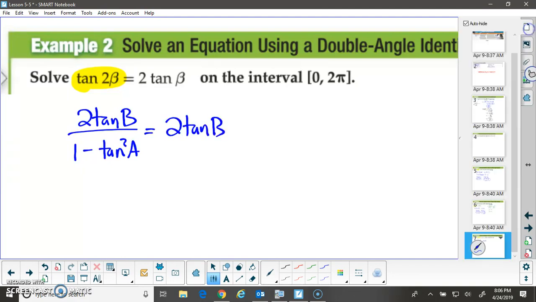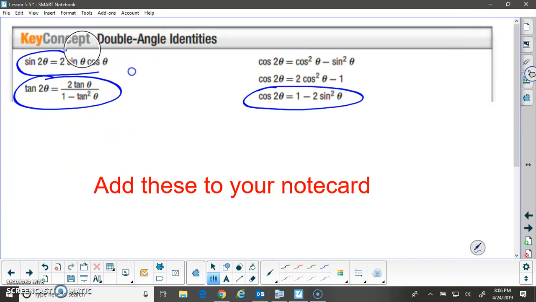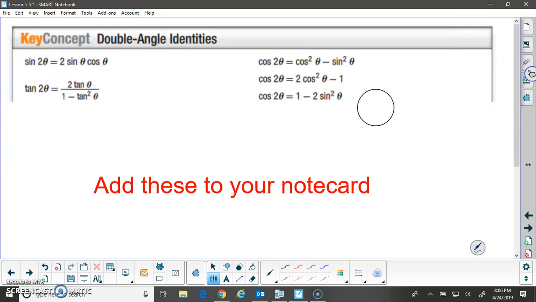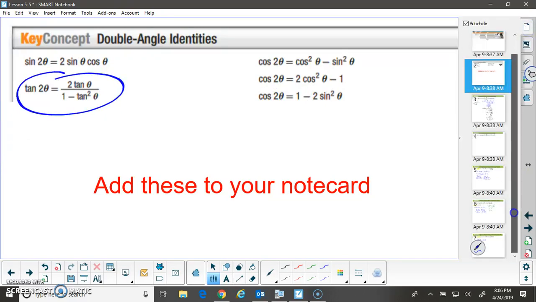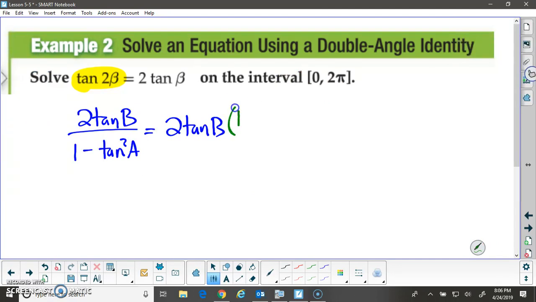Again, what I just did right there is I used this identity right here. Okay, now what I'm going to do is I'm going to eliminate my fraction. I'm going to multiply both sides by 1 minus tangent squared.